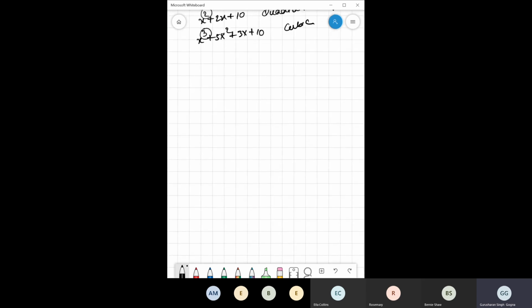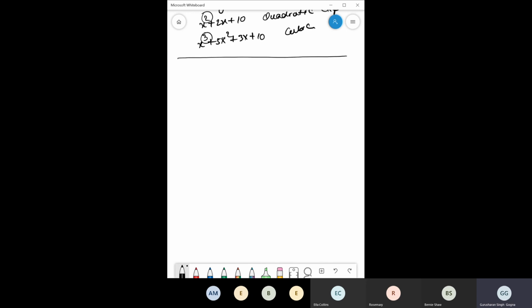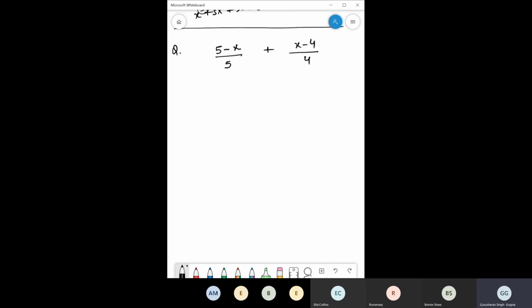Okay. Now, you know how to add or subtract two fractions. So let's take an example from your exam paper. So (5 minus x) over 5 plus x minus 4 over 4. So we are trying now some exam paper questions. So you can see that these are two fractions.